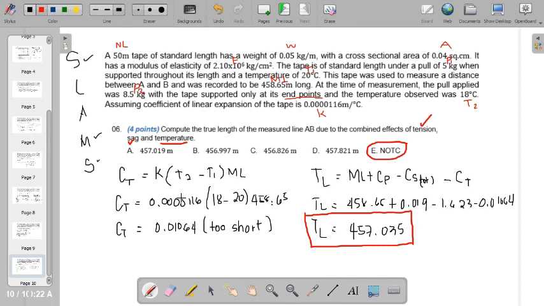If you rounded off and you did not come up with this kind of answer, your answer is wrong, so it's not considered. You have to arrive at this answer in order to be considered. If you rounded this off and your solution is not correct, it will be considered wrong. I hope you understand this.